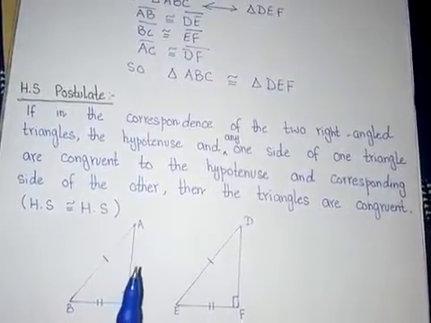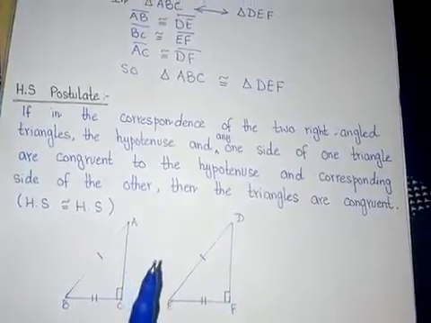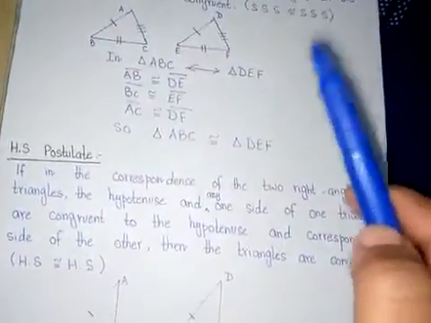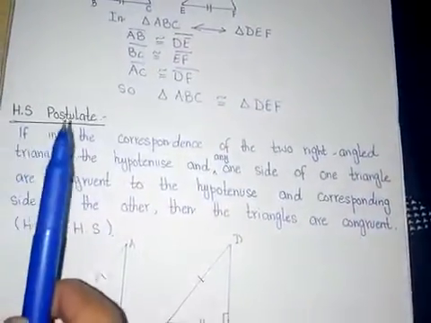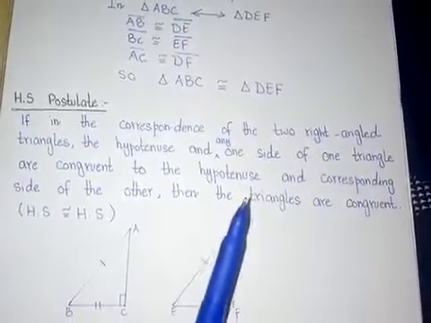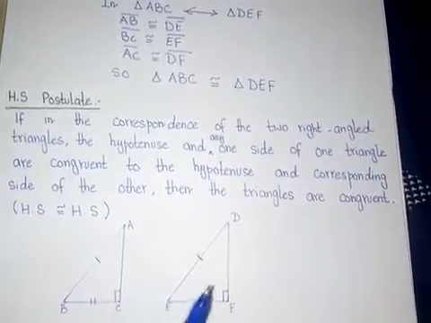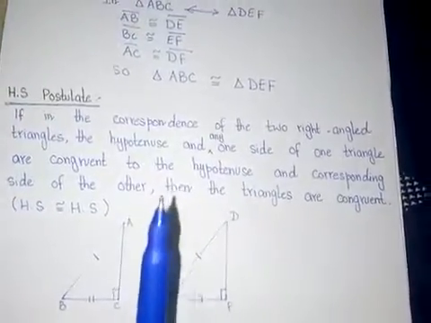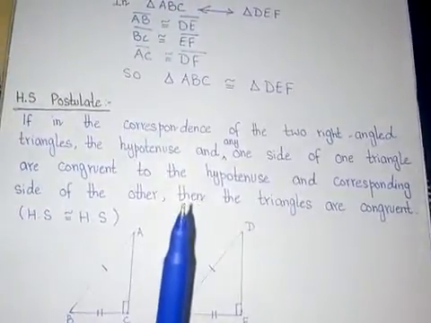So I have already told you, you cannot make right angled triangle in any other postulate. So in this postulate, you have to draw right angled triangle. Only in this postulate. Please remember this point.